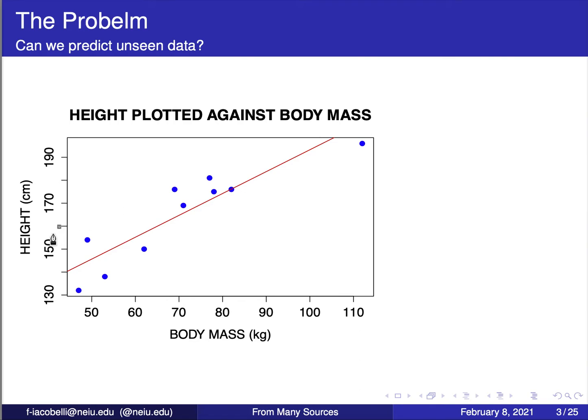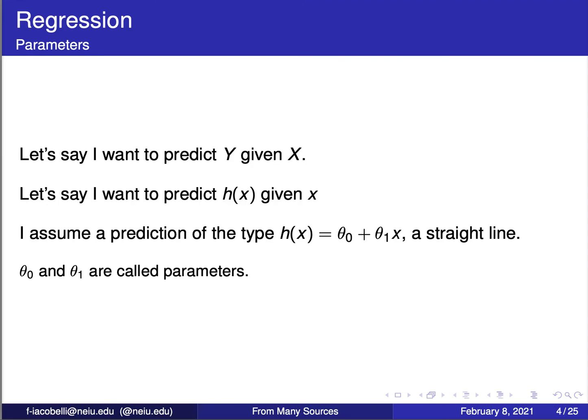So the idea here is to find this line. So if I want to find, well, how tall is a person with 90 kilograms? I'm going to estimate it around here, around that point, okay? The idea would be to find this line, but not any line will do.